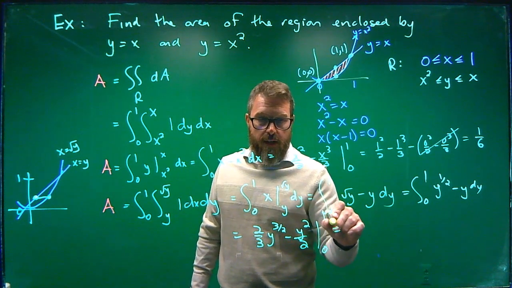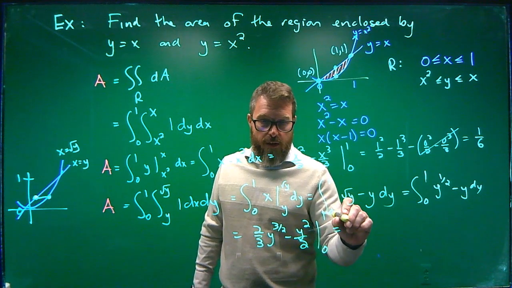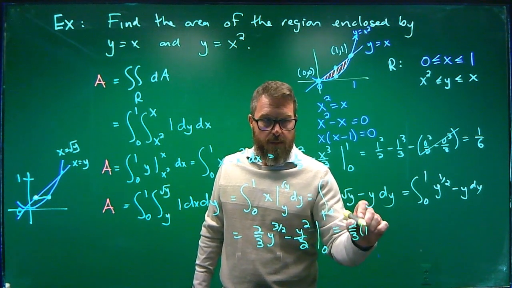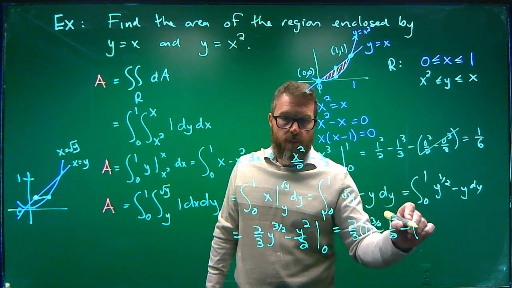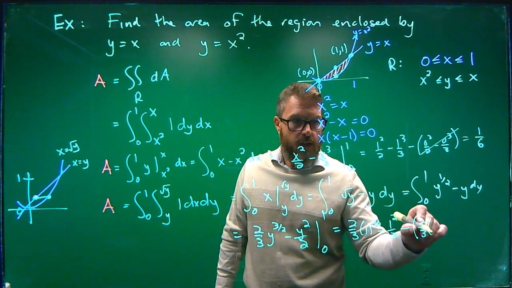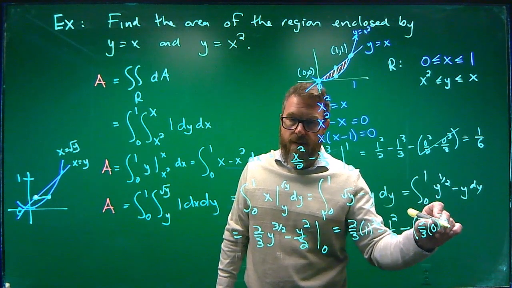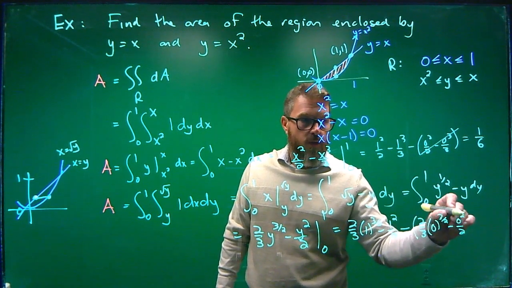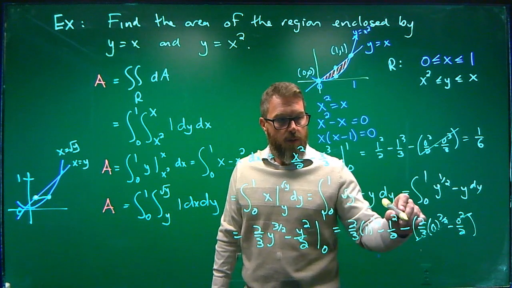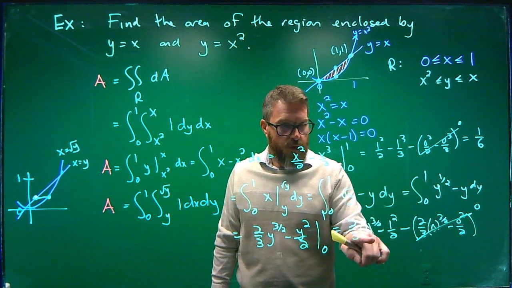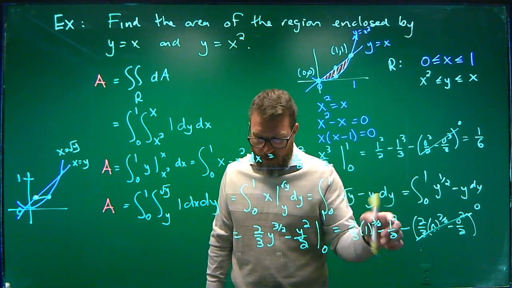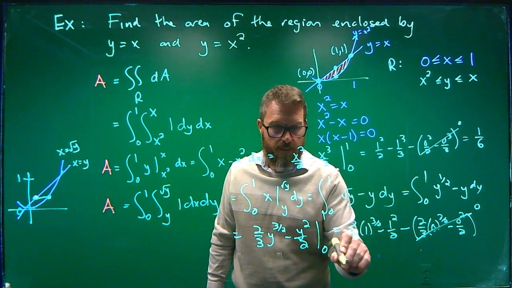So plugging in 1, this is going to be 2/3 times 1 to the 3/2 minus 1 squared over 2, and then when we plug in 0, this is 2/3 times 0 to the 3/2 minus 0 squared over 2. Again, that is 0. So this is going to be 2/3 minus 1/2, which is going to be 1/6 again.